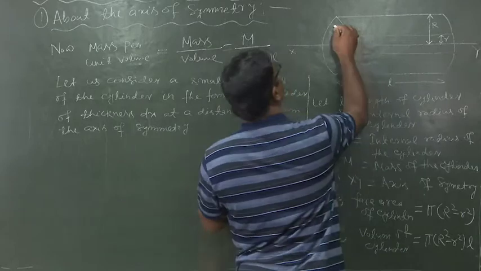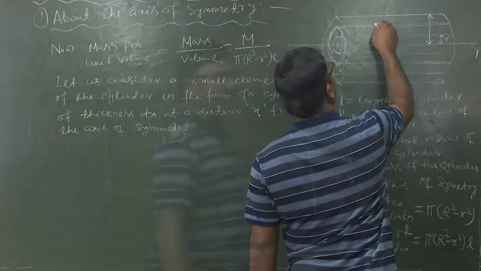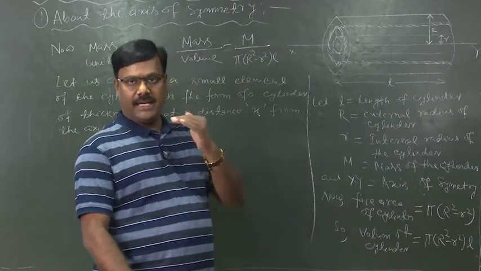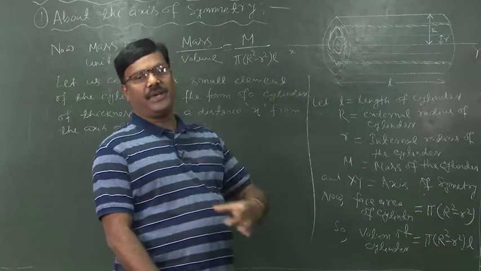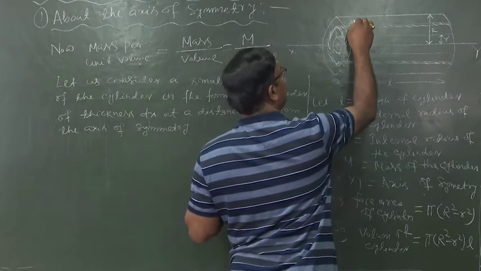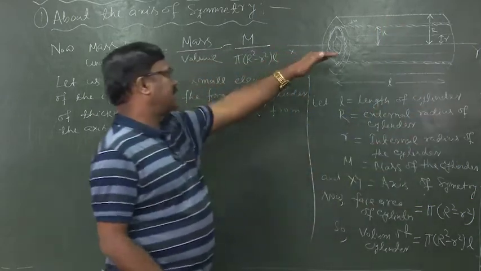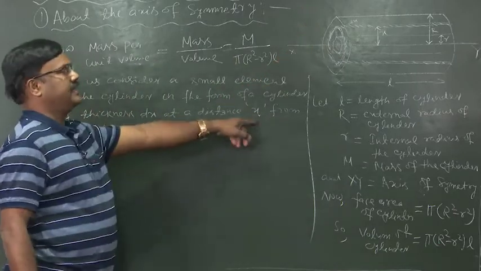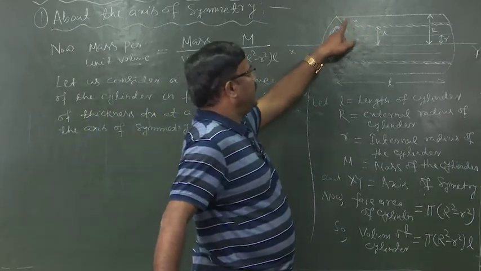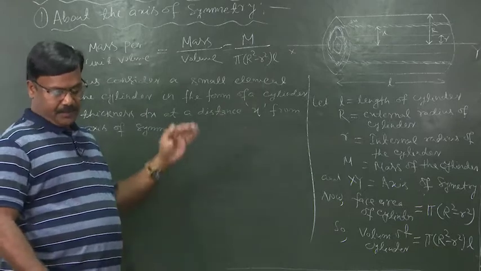Let us draw here in the figure. The dotted area represents the element which is in the shape of a cylinder whose thickness is dx and which is at a distance of x from the axis of symmetry. x is the distance of the element from the axis of symmetry, and dx is the thickness of the element.